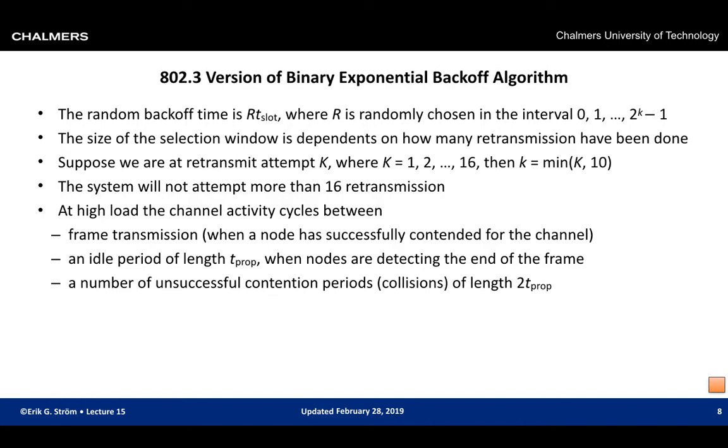So it continues like this. There is a frame, there are a little bit of collisions here, which are resolved because the backoff times become more and more spread out, and eventually one of the stations becomes lucky, captures the channel, and all the other ones have to wait until the channel becomes available again. And then this process keeps on.